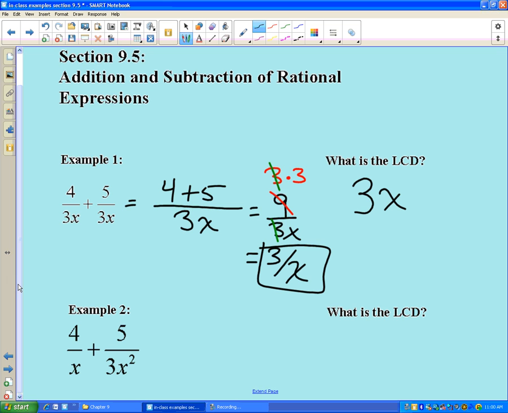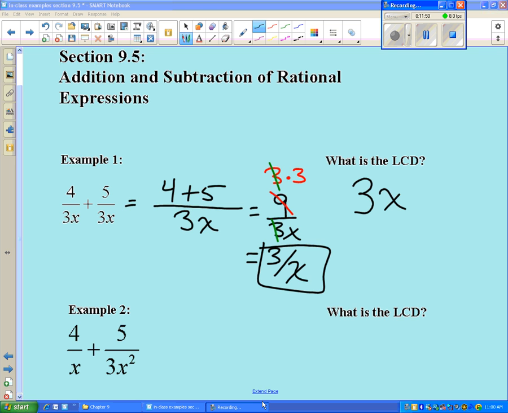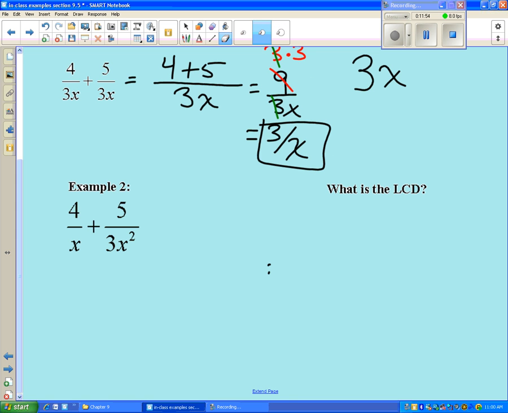Let's try example 2. At any time, if you need to, you can always pause and look again at something, but I'm going to go ahead and move on. Here we go. I have my denominators of x and 3x squared. I need to have an x in my LCD, so I have an x. That covers my first denominator. My second denominator, I need a 3, so I'm going to add a 3 to my LCD.